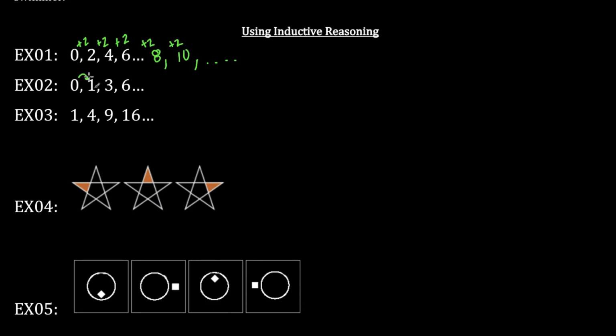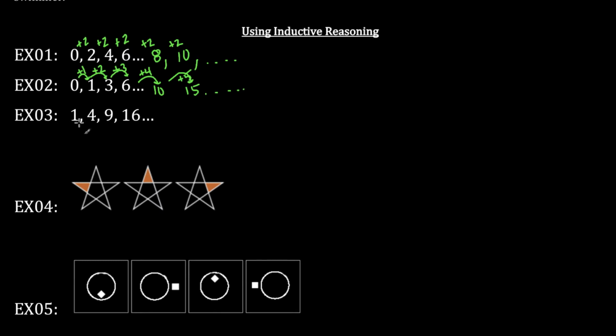In this one, we add 1, we add 2, then we add 3. So if we're continuing this pattern, we would conclude that this would be plus 4 and you would get 10, and then plus 5 and you would get 15, and then it keeps going.